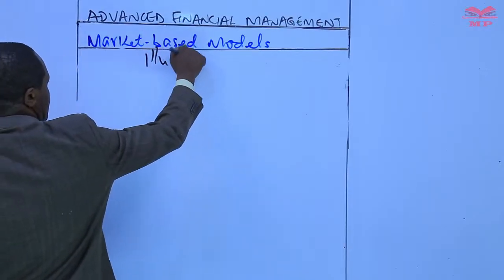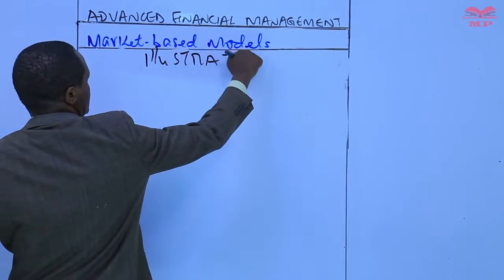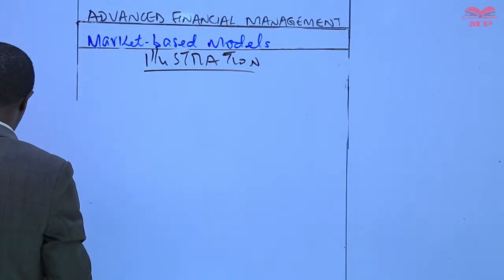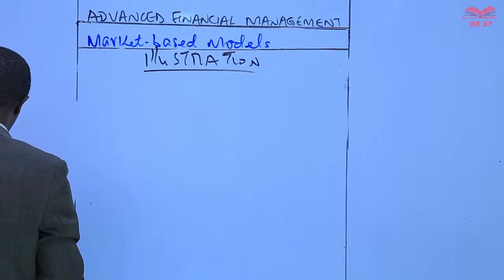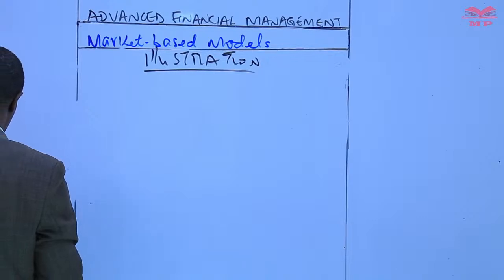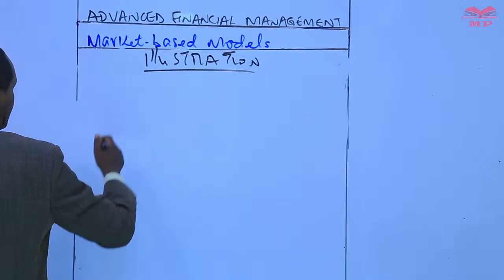This is a KASNEB past paper question, August 2023, question 4. Those are 2 approaches, so let's begin with the earnings per share basis.